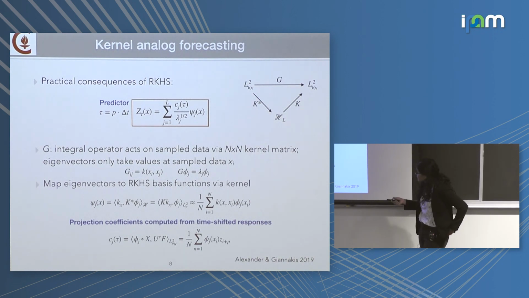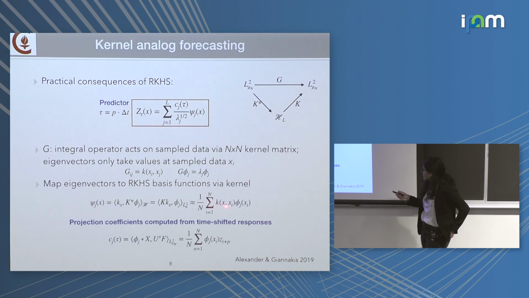So we compute psi j by taking the eigenvectors of this kernel matrix, which we have already computed, and evaluating the kernel cross-section with these eigenvectors at our observed data point. And this gives us a pointwise evaluation of psi j at x.